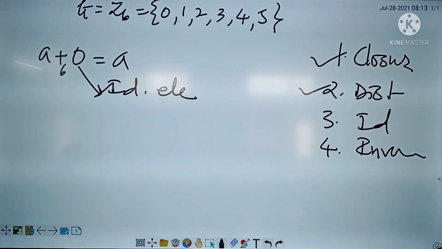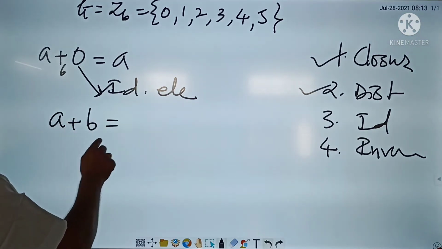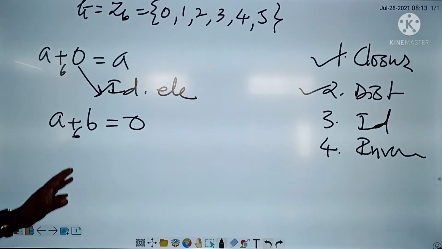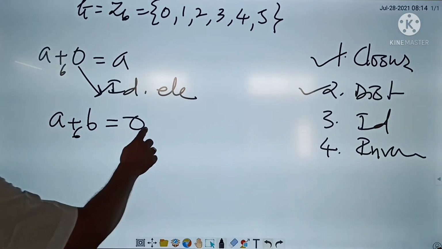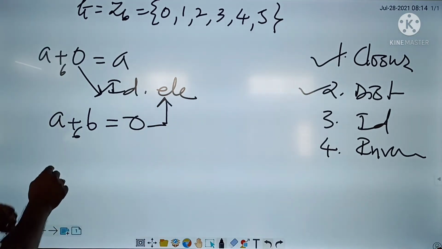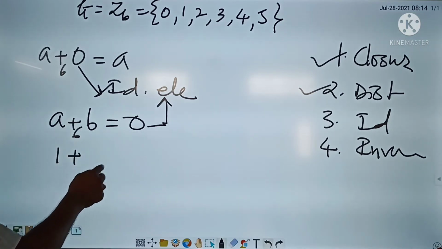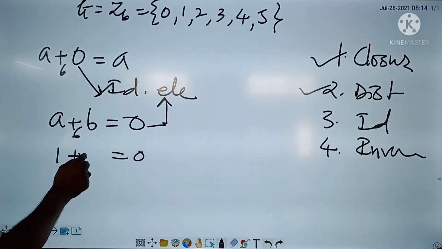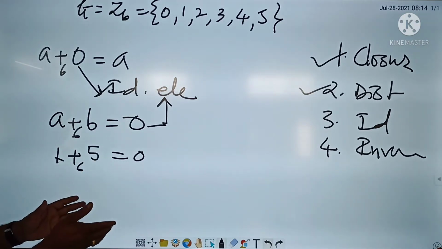Existence of inverse now means what? Take any two elements A plus B. If the addition of this is 0, then we say that B is the inverse of A or A is the inverse of B, because 0 is the identity element. So take A as any number, suppose 1. So 1 plus B, I want the answer to be 0, the identity element. So here B means 5, because 1 plus 5 is 6, divided by 6, remainder is 0.